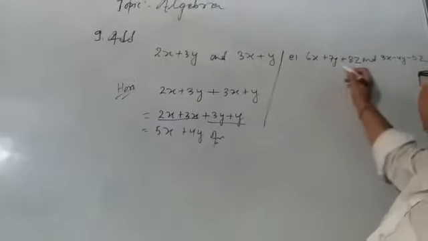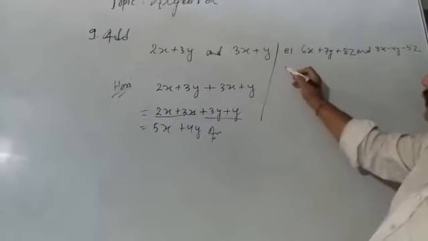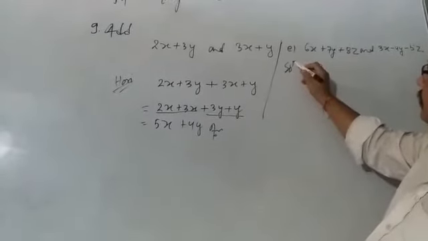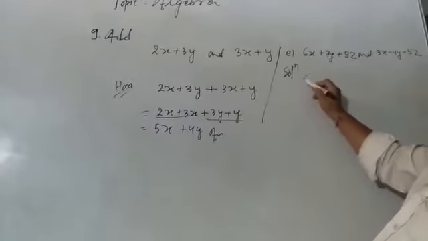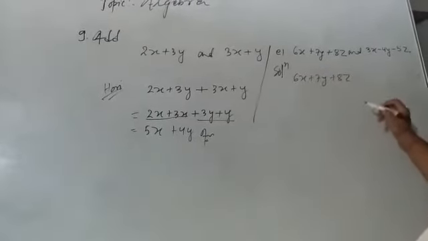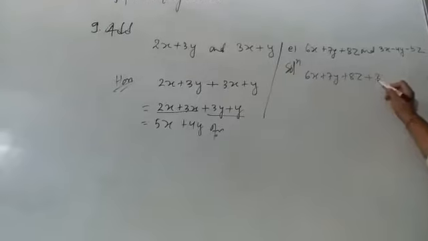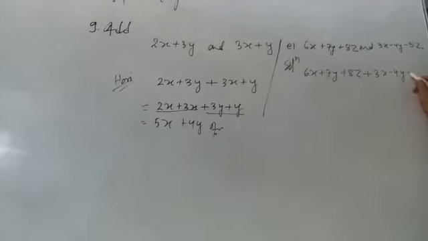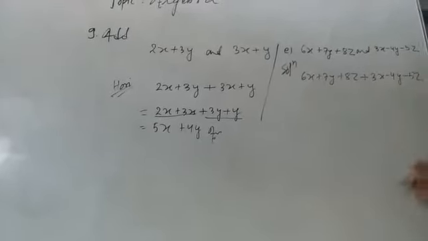Now here are two expressions and you write down the solution here: 6x plus 7y plus 8z plus 3x minus 4y minus 5z.